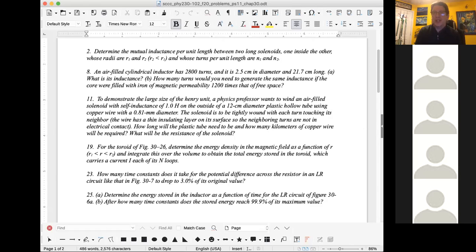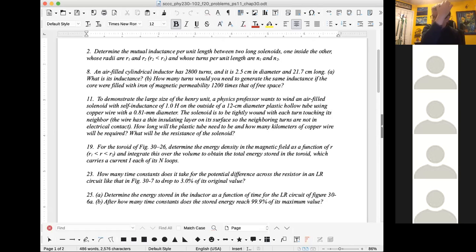So for the first question, the length of the plastic tube is going to equal N, the total number of turns, multiplied by the diameter of the wire. So make sure you differentiate between the diameter of the tube and the diameter of the wire.